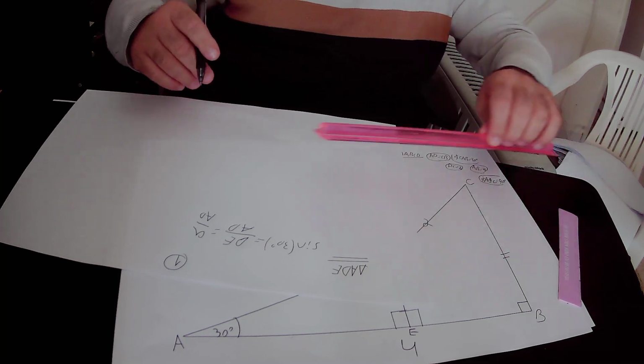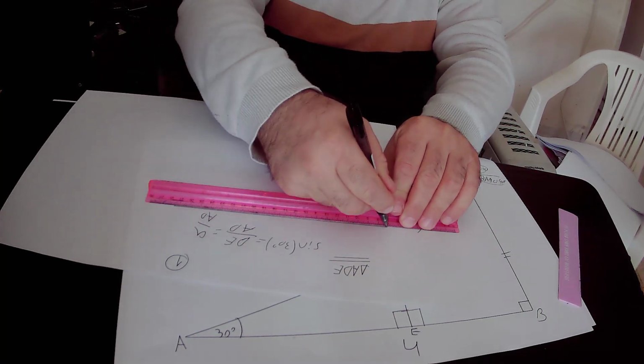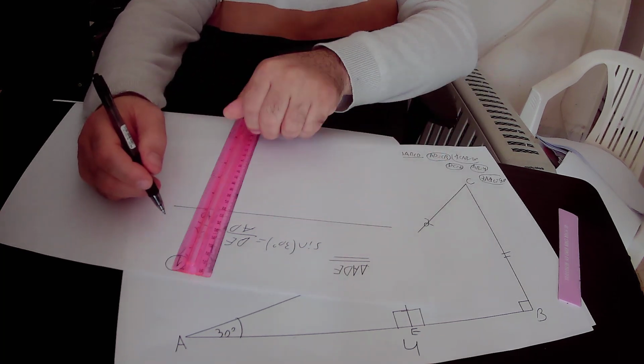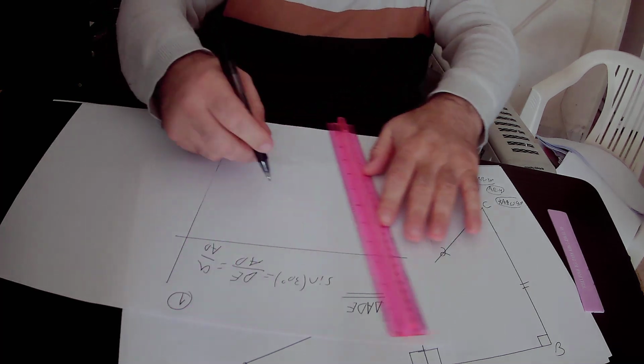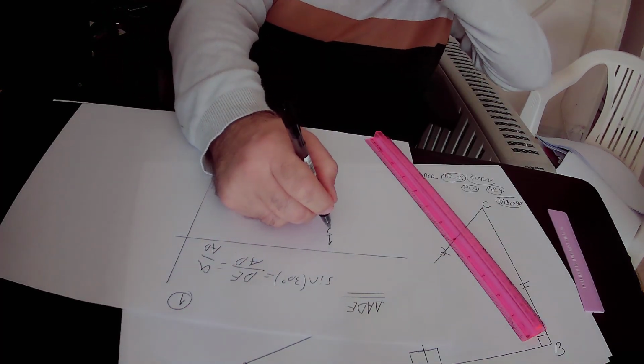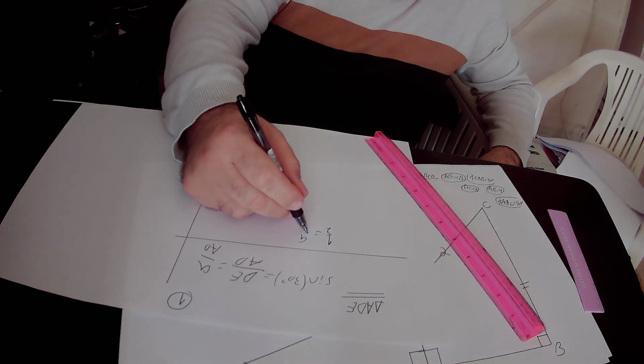We also know that sine 30 degrees is 1 over 2, so we'll substitute sine 30 degrees by 1 over 2. 1 over 2 equals A over AD.